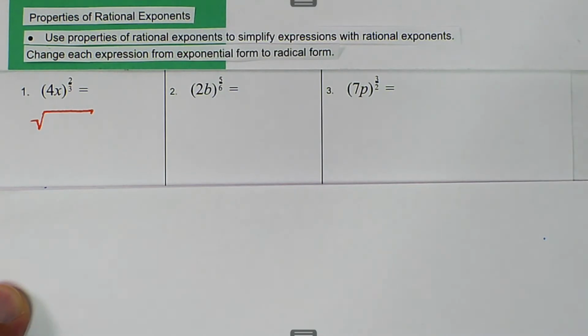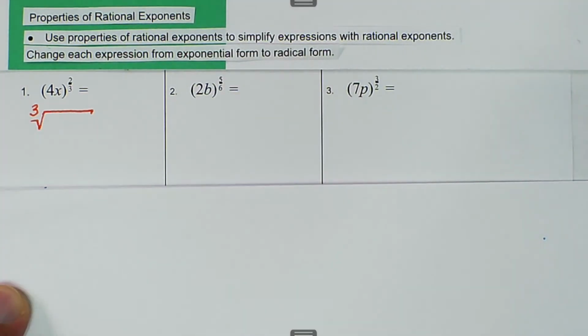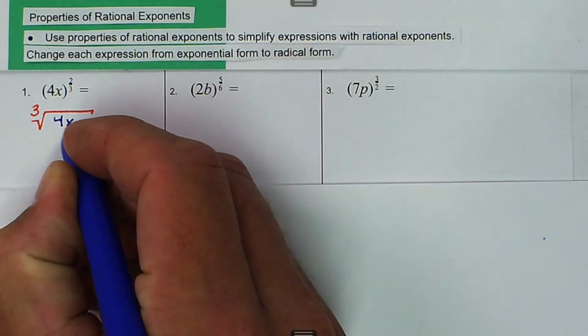So here, our denominator is 3. So we have the third root. Then whatever is inside the parentheses, in this case, just stays under the radical.